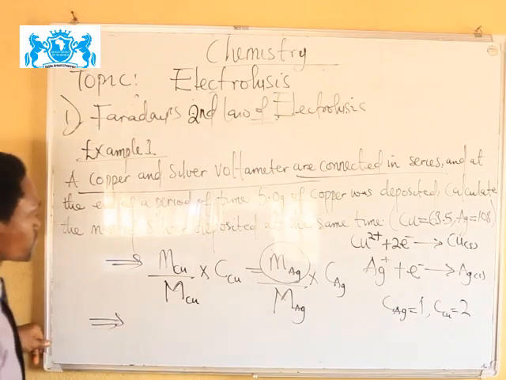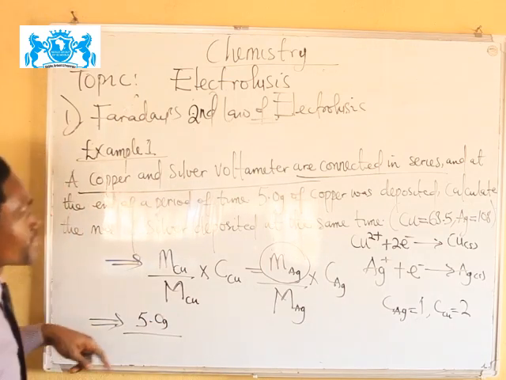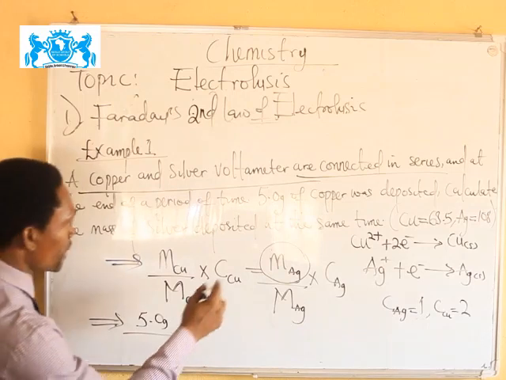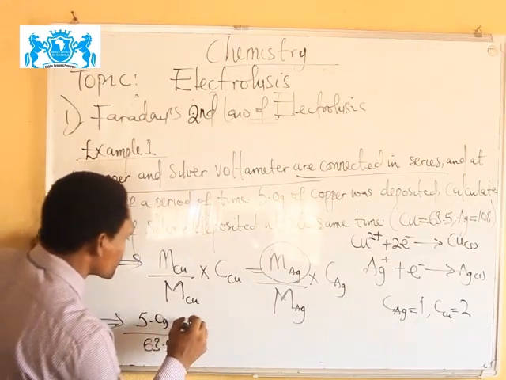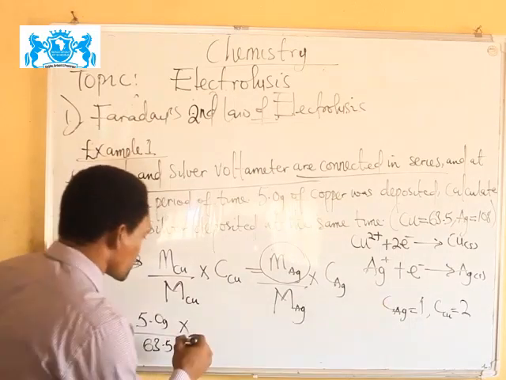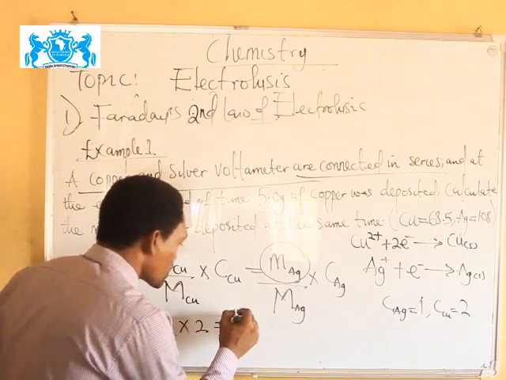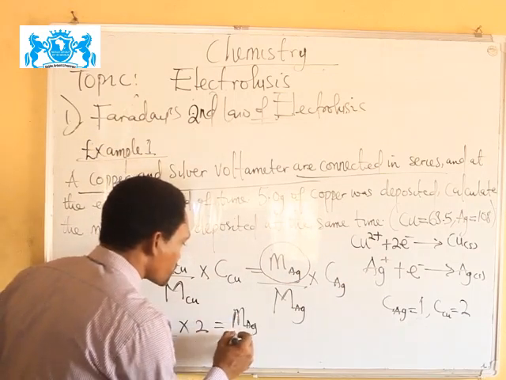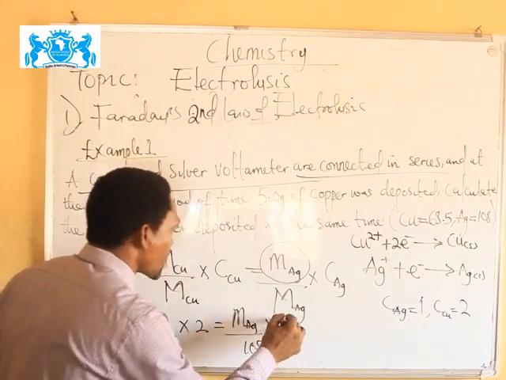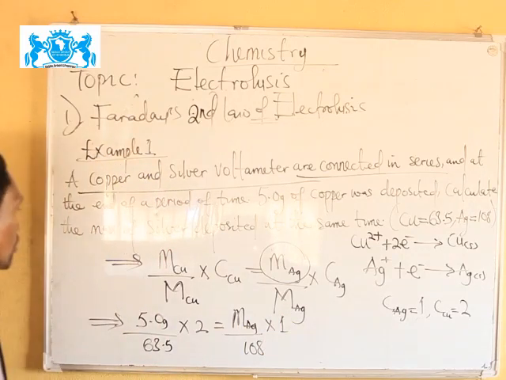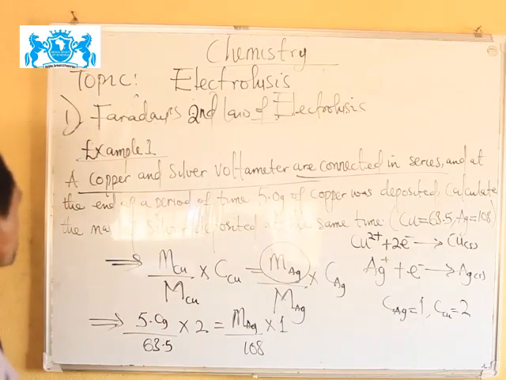Here is 5.0 gram over molar mass of copper, 63.5, the relative atomic mass, times the charge of copper, which is 2, is equal to the mass of silver deposited, which we don't know, over molar mass 108, times the charge, which is 1. So we simply try to make M_Ag the subject of the formula.